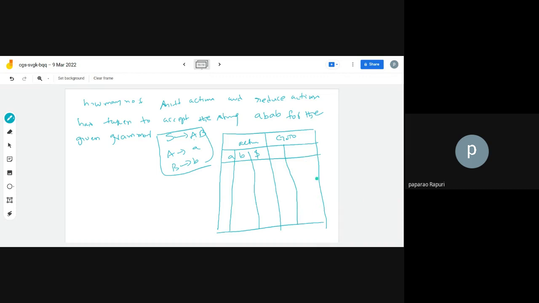In go to we are having S, A, B. So these are the terminals and these are the non-terminals. In the action part, we are having terminals, and in the go to part, we will have the non-terminals of the given grammar. The states are I0, I1, I2, I3, I4, and I5.